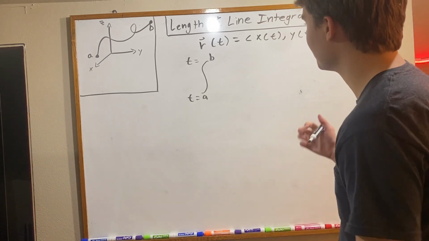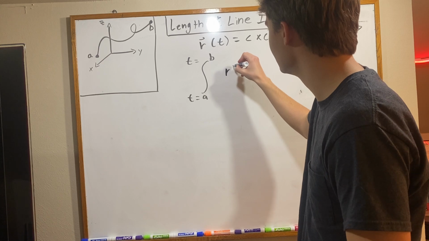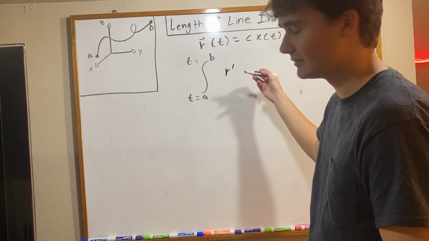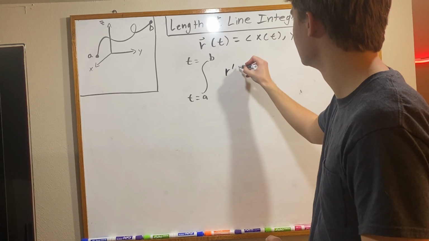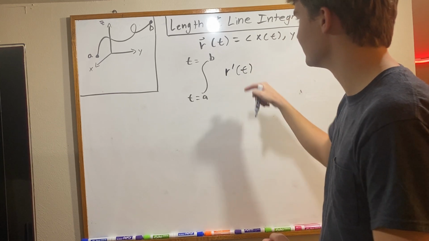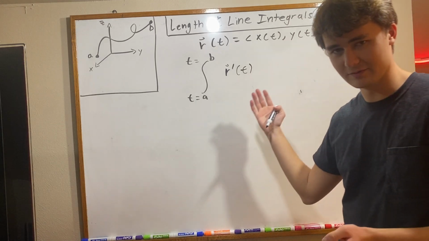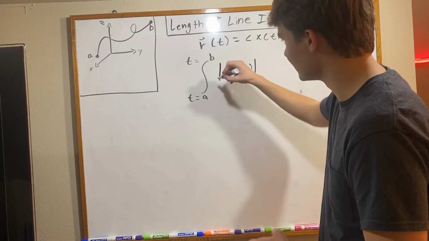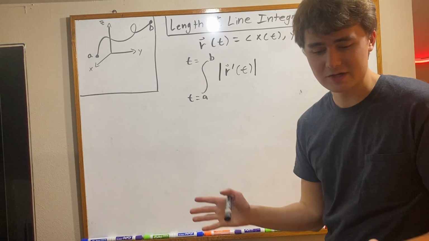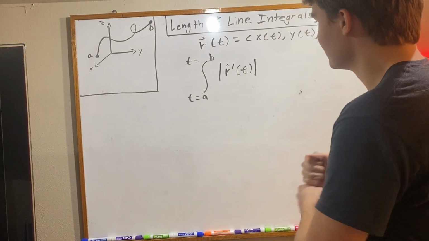The first thing to realize is that the derivative of this position vector is velocity. You just take the derivative and you get the velocity. If you take the magnitude of a velocity vector, it takes the direction away, and velocity without direction is speed. So this is speed here.